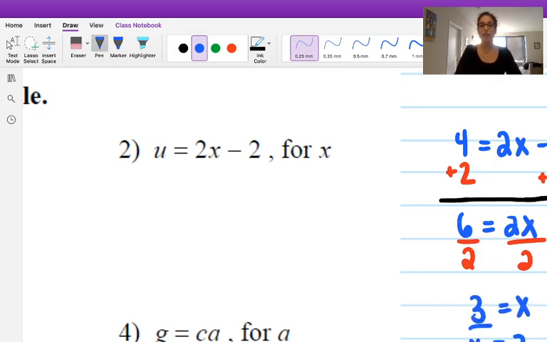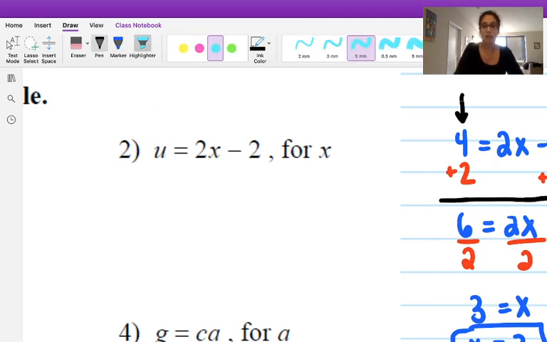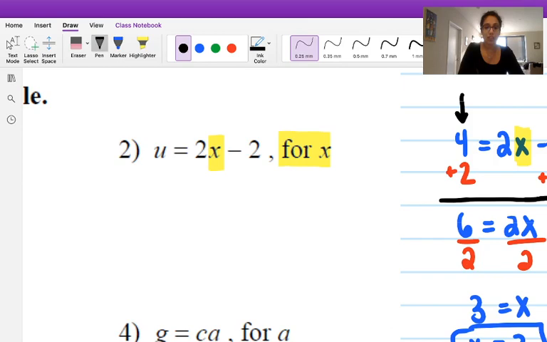Right? Now let's look at how we're going to do the exact same steps. But instead of this 4, we have a u. Okay, so we cannot combine. So I'm going to highlight first. It's asking me to solve for x. You see that 4x? So I'm going to highlight my x. That is what I want to get by itself. The end goal is to get x equals something.